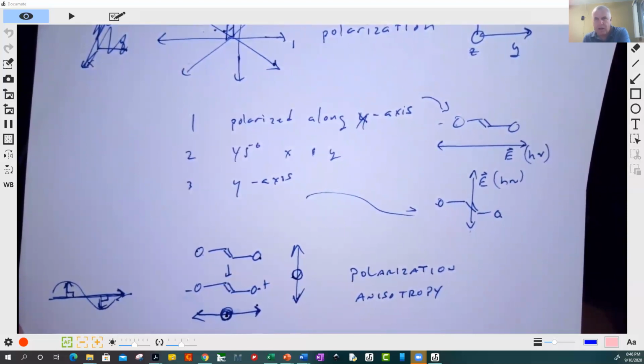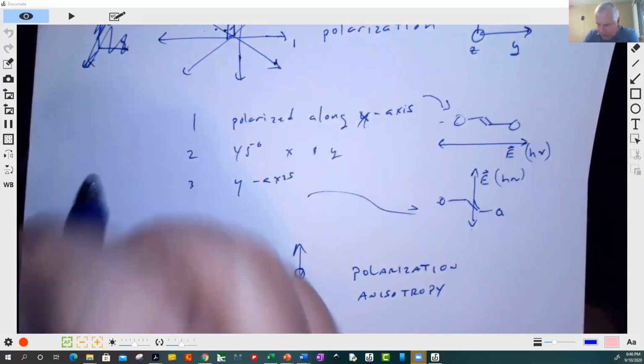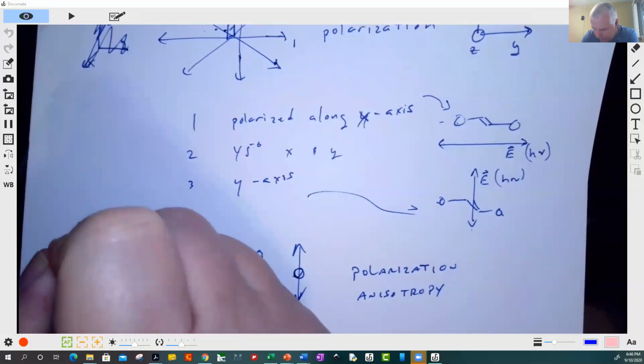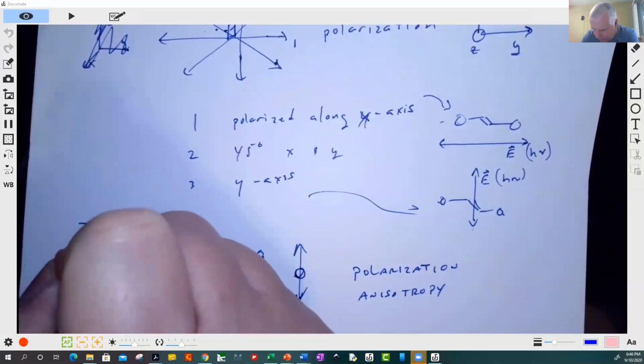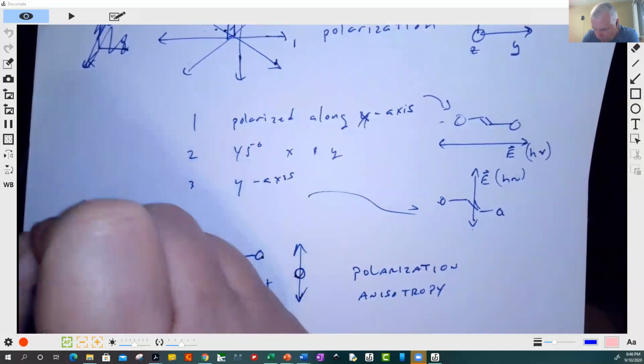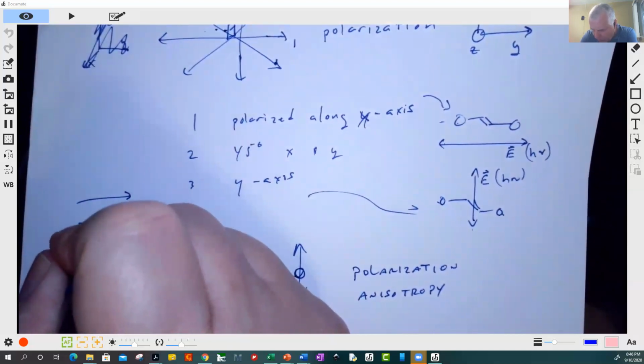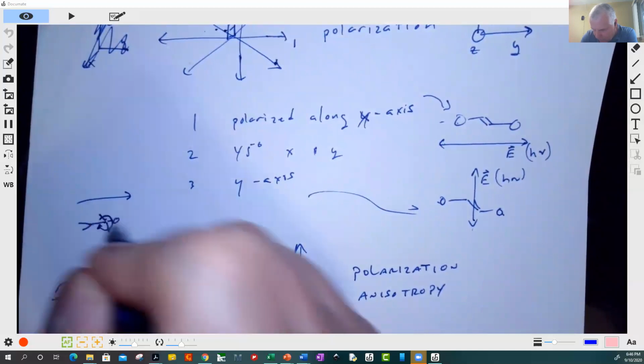A little? Okay. So it's kind of like a swimmer swimming along, let's say he's doing freestyle, right? If a swimmer is going along in this direction, then his arms are going to be going around like this, right?